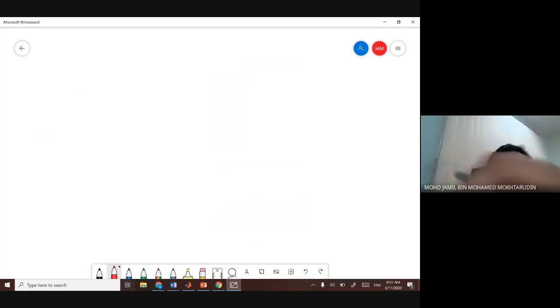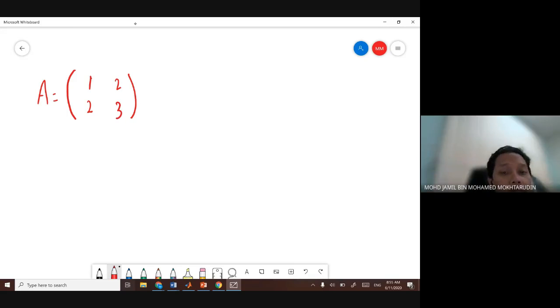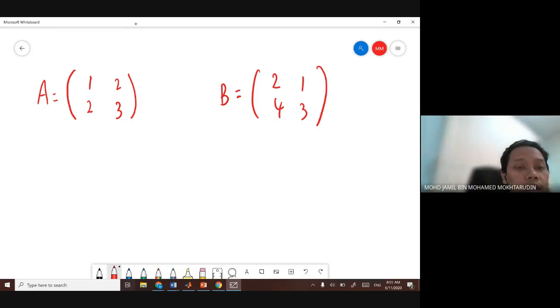So contohnya matrix tu, so let's say kita ada matrix 1, 2, 2, 3. Ni matrix A, and then matrix B 2, 4, 1, 3, apa-apalah. Okay, so kita nak multiply 1 dengan 2, 2 dengan 4, 2 dengan 1, 3 dengan 3.